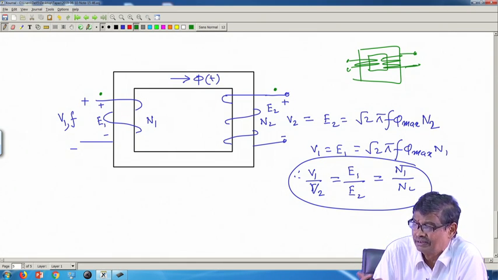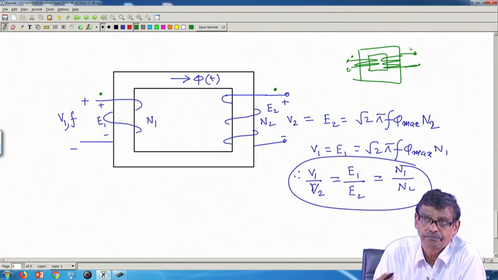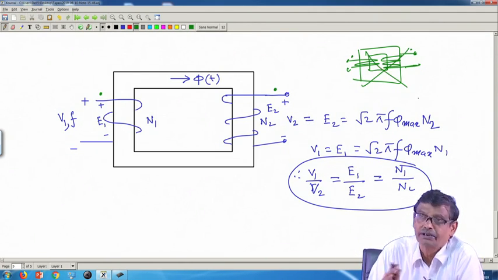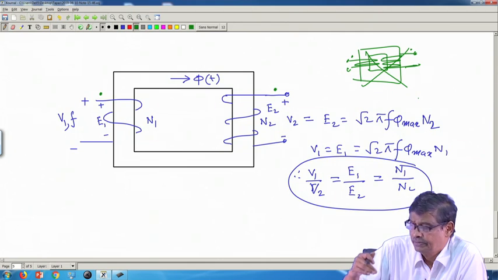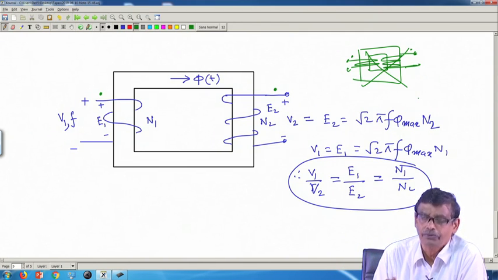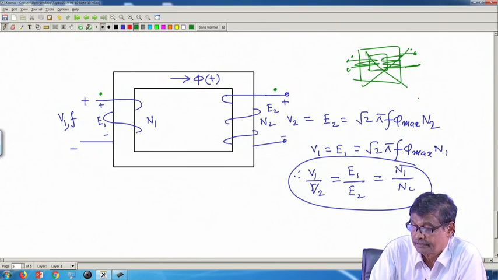If somebody draws like this, then of course you cannot point out which one is the dot. Out of the question. You cannot do that. Perhaps by doing some experiments you will be able to, but as such, on pen and paper, you cannot predict that this is plus, this will be plus.